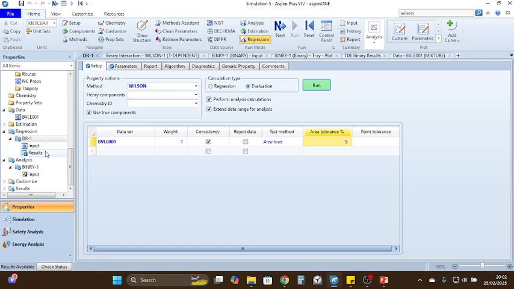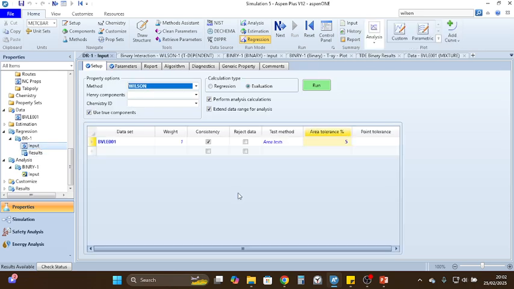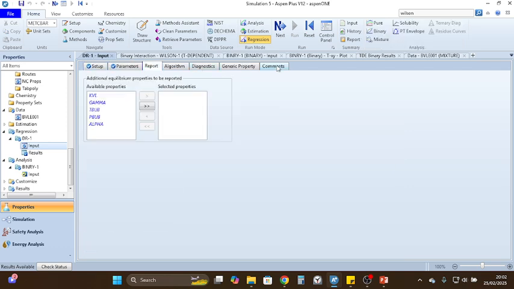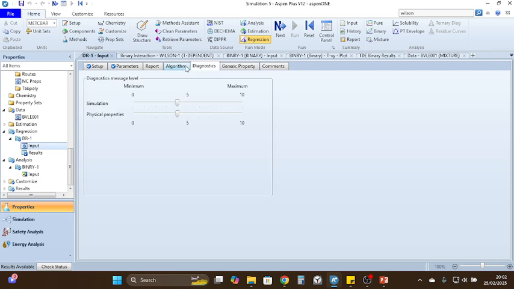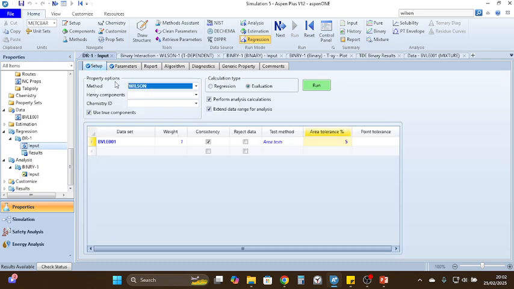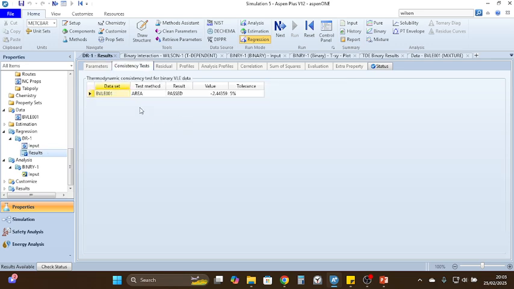So the results are available. You can check the results over here. Here, the consistency test, you can see that it has passed with a tolerance of 5%.